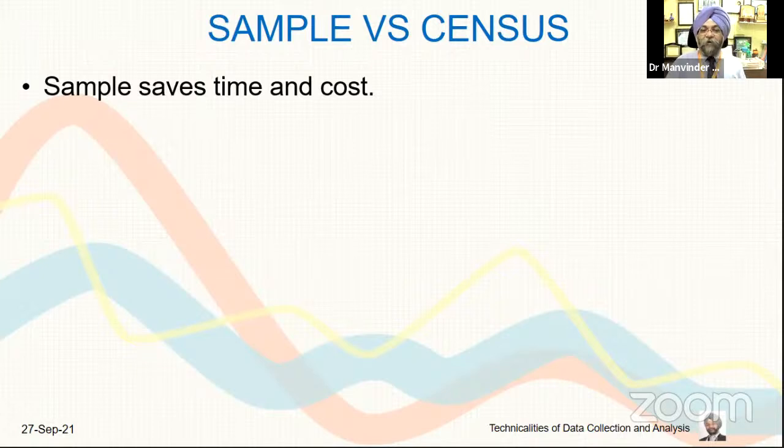Suppose, for example, in a small town there are 2 lakh people, and we are interested in estimating the proportion of households who spend their summer vacation on a hill station. I just want to know what proportion of the 2 lakh population spent their summer vacation on a hill station.